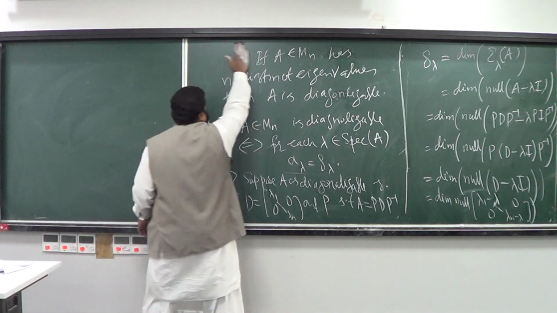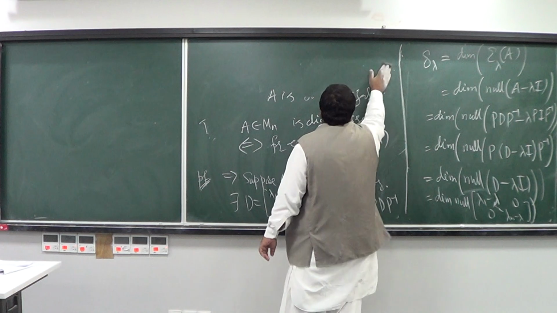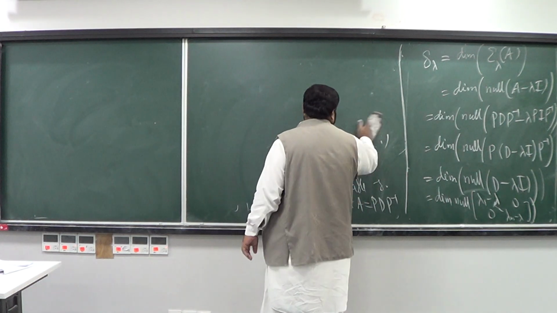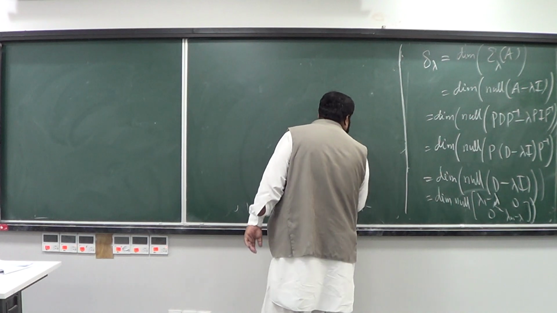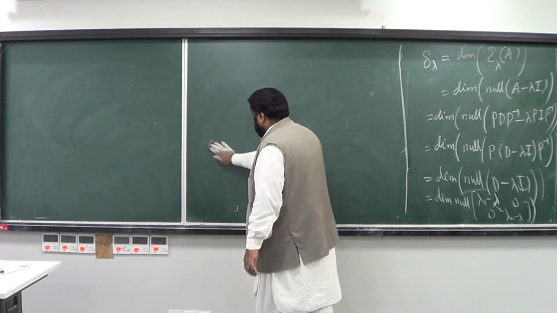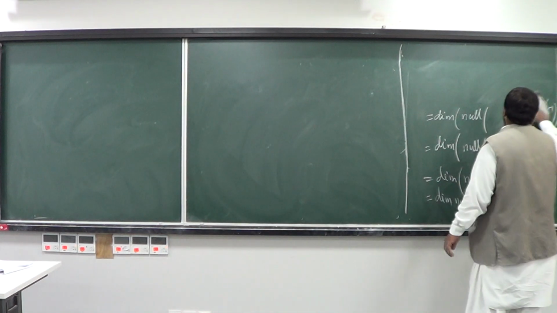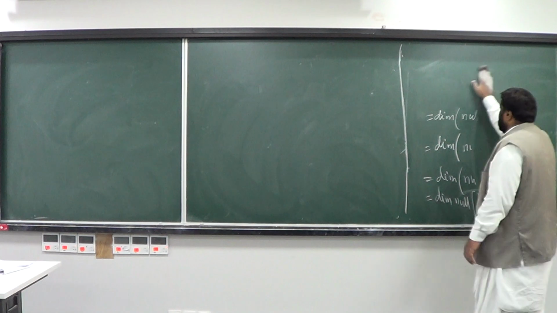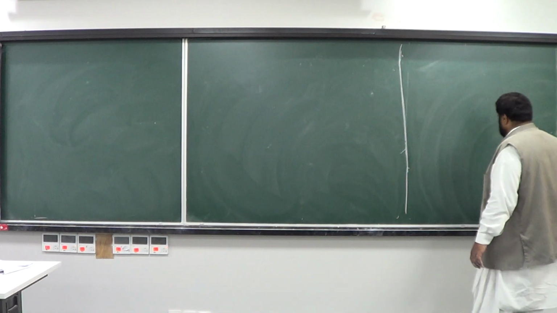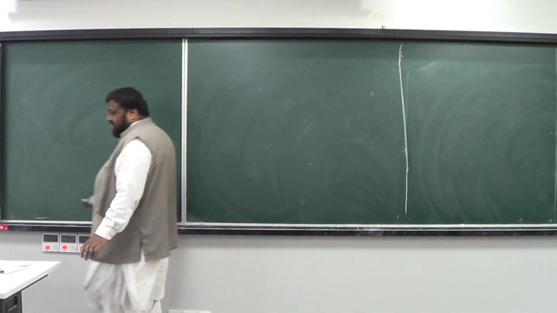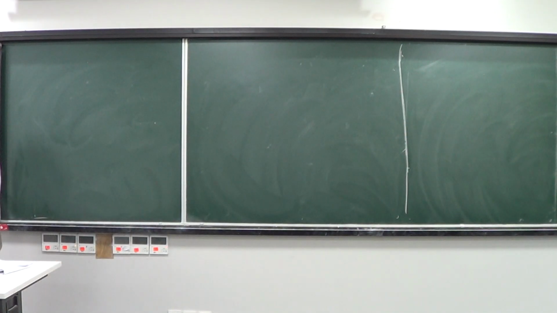Now let me give you an algorithm to find whether a given matrix is diagonalizable or not. And if it is diagonalizable, how to find the matrices P and D so that we can factorize the matrix A. So the algorithm to diagonalize a matrix A is this.